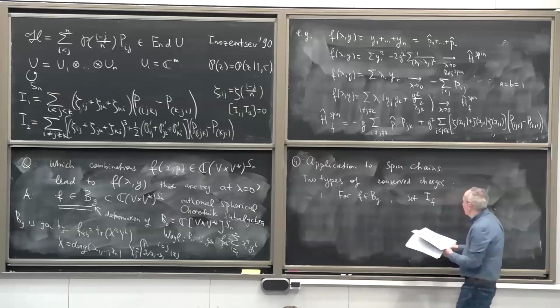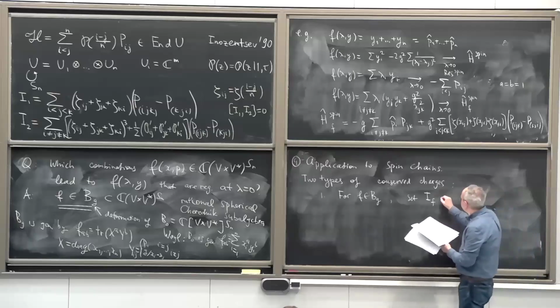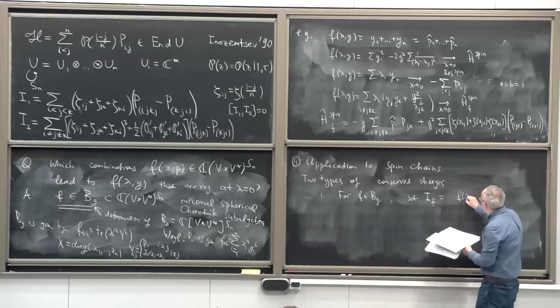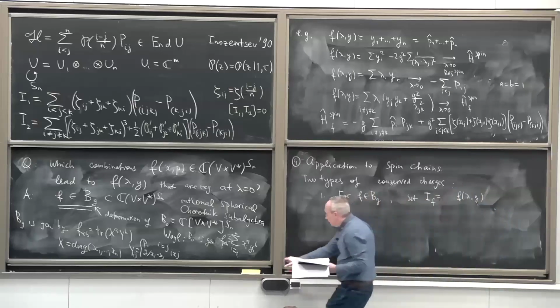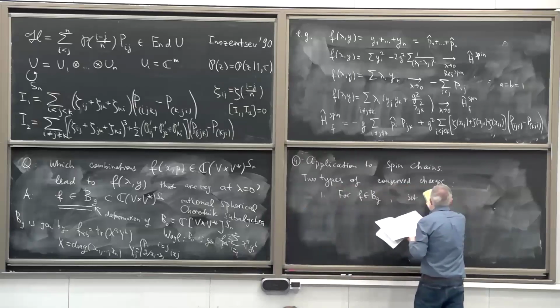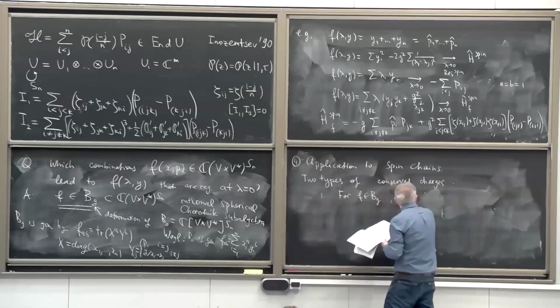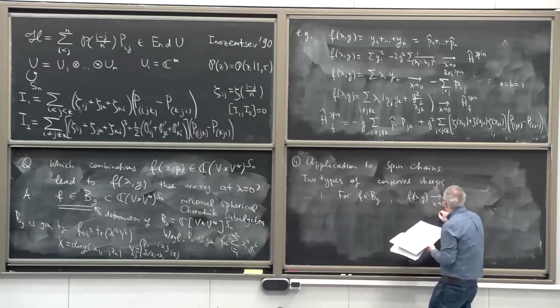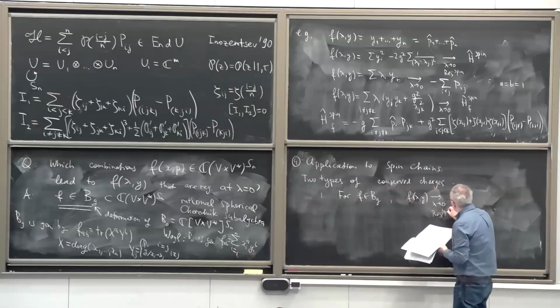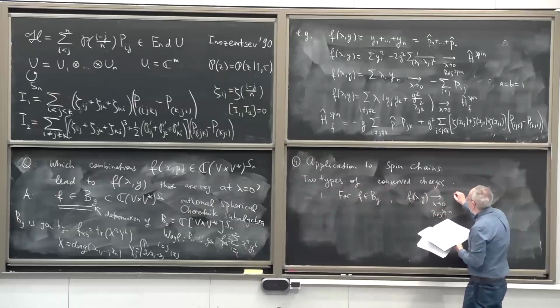So the commuting charge associated with this function f is obtained as follows: you take f of lambda y, take the limit lambda goes to 0, and this spin reduction gives what I called the spin Hamiltonian.